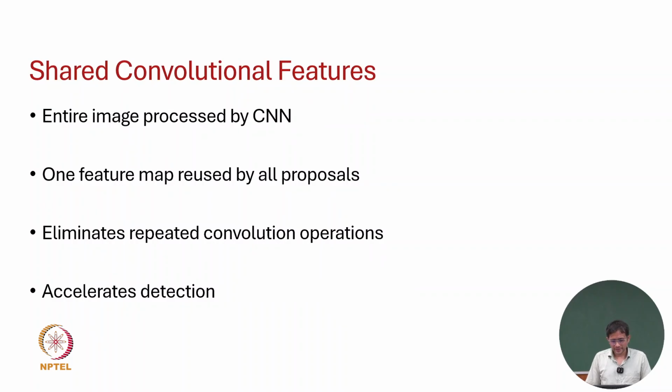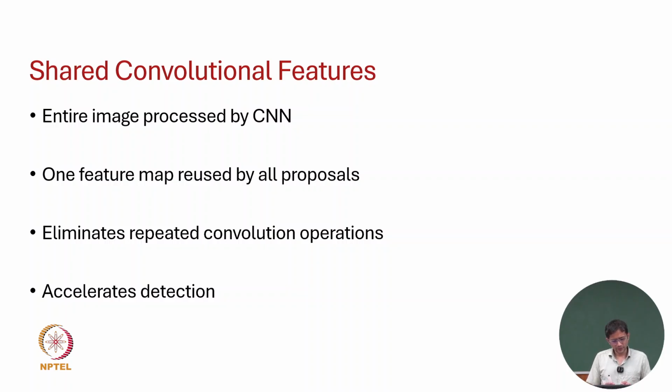So the first concept here is the shared convolutional features. The entire image is processed by the given CNN. One feature map is reused by all proposals. Thus, we eliminate repeated convolutional operations. So instead of running it 100 times or 2000 times, depending on the number of RoIs, we are just doing it once, of course for the entire image.